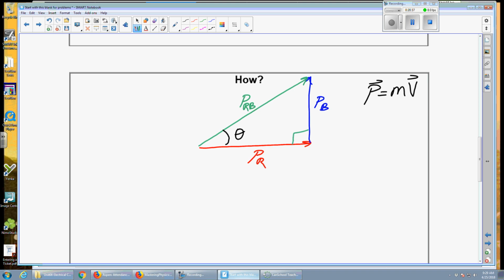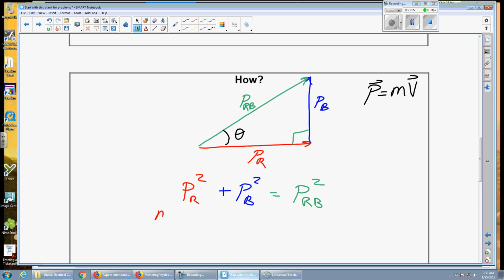Probably. So I'm going to find out the speed, which is the magnitude of that side, by doing Pythagoras. PR squared plus PB squared equals PRB squared.